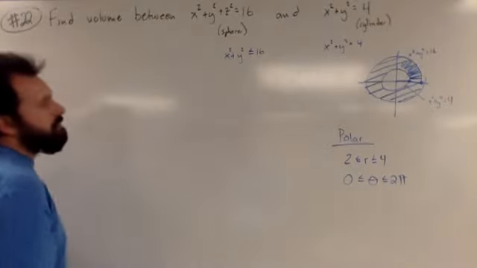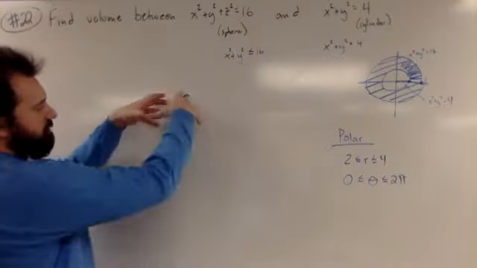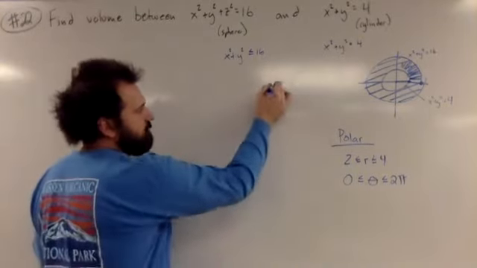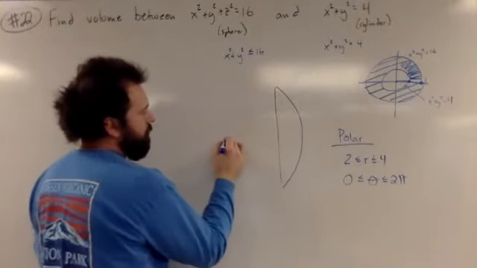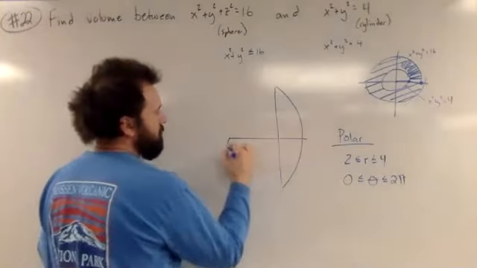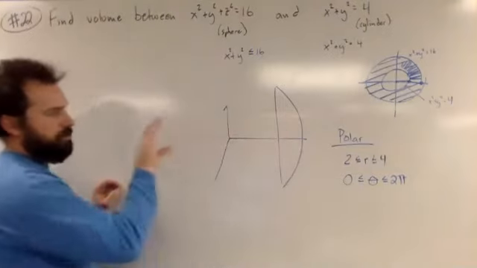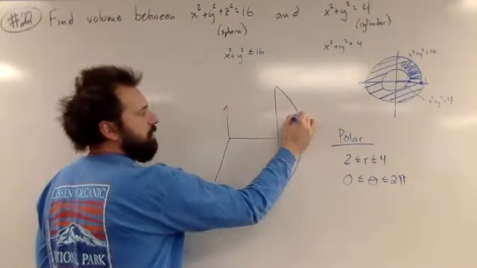So now I need to decide where my surface is. If I think about this as a sphere with the center taken out, and I take a slice of this, that's my sphere with the center taken out. This is in 3 dimensions, right? So this is being spun around this way, and this is going to end up being my surface.